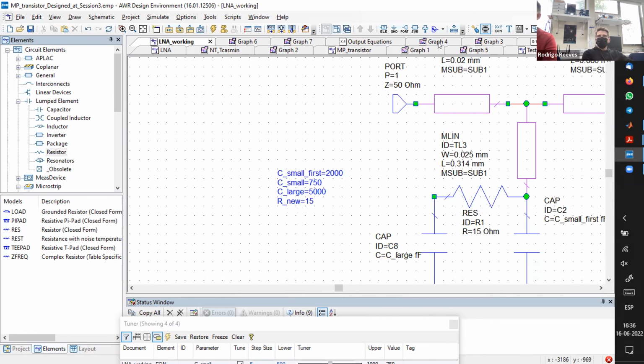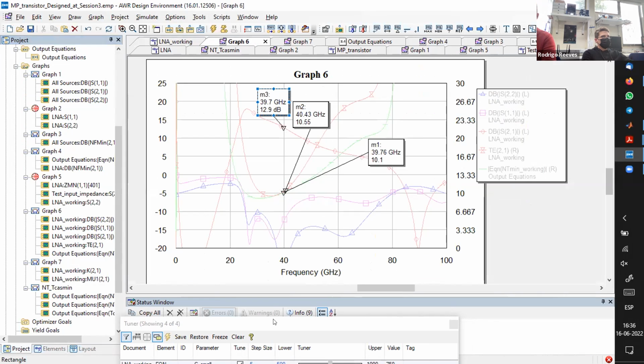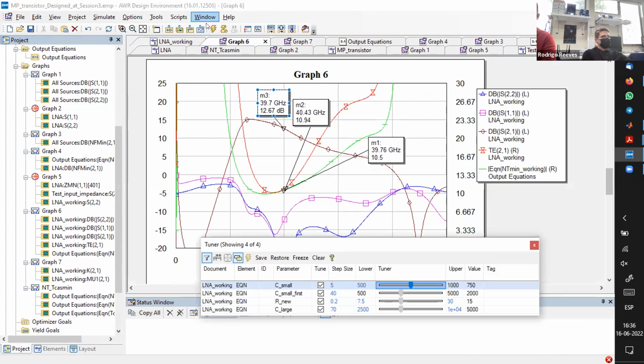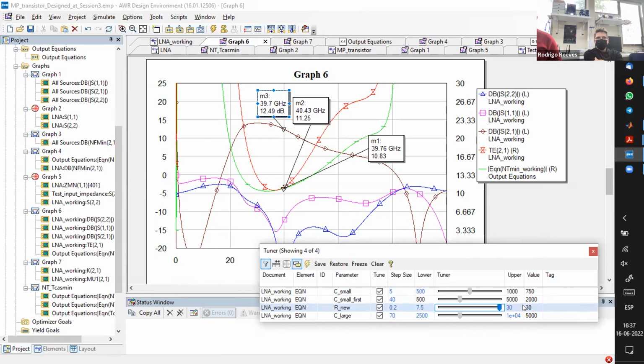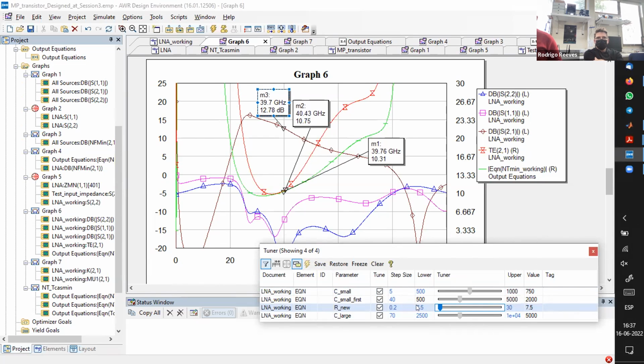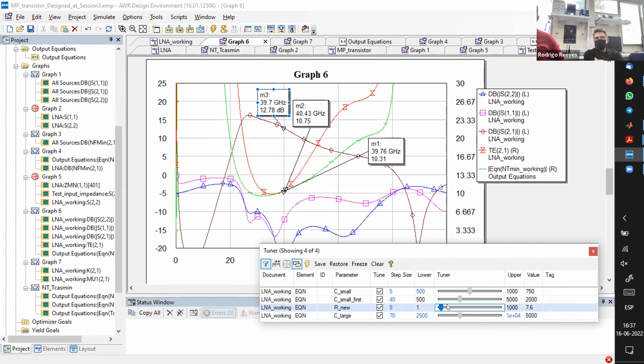Yep. Really flutters. The noise is getting a bit worse, so maybe the line needs to be a bit longer. The one that is in between.